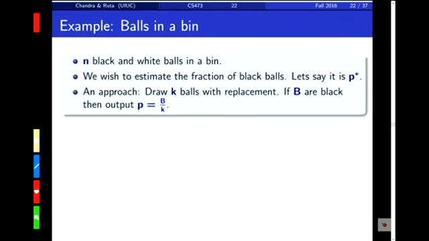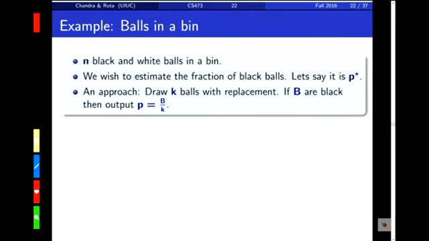Why do we sample with replacement? Good question. Because it makes analysis easier. So suppose I have two balls, and let's say one of them is black, I know that. When you sample the first time, what is the probability that you will get a black?